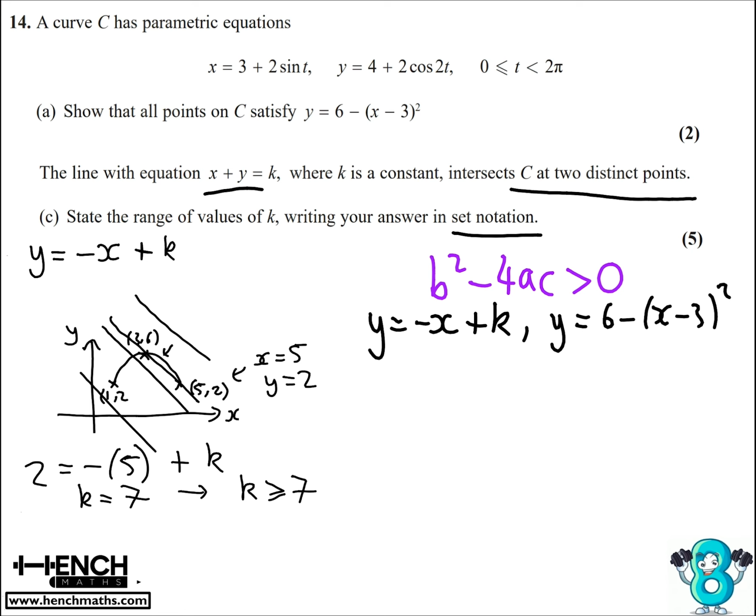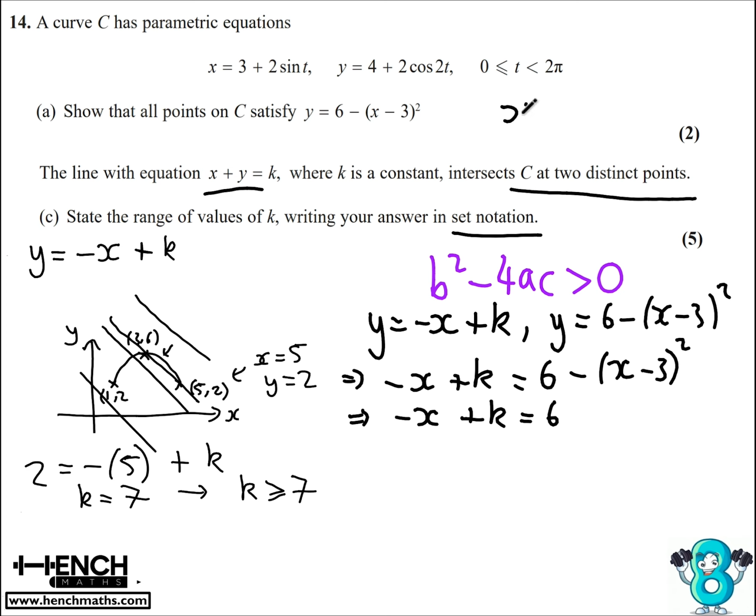So if I solve these simultaneously, put them equal to each other, so negative x plus k equals 6 subtract (x minus 3) squared. Going to multiply out the brackets. So (x subtract 3) squared equals x squared subtract 6x plus 9.